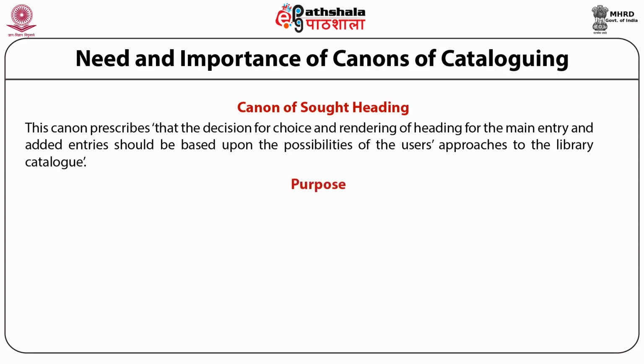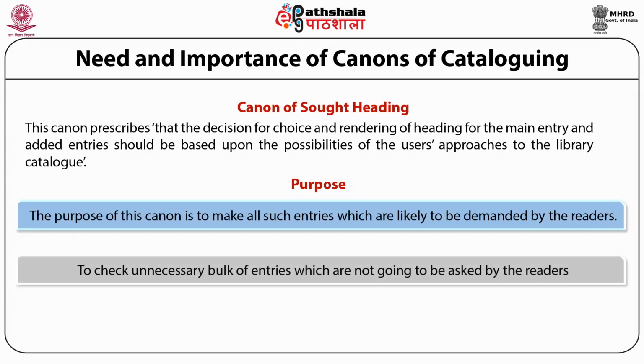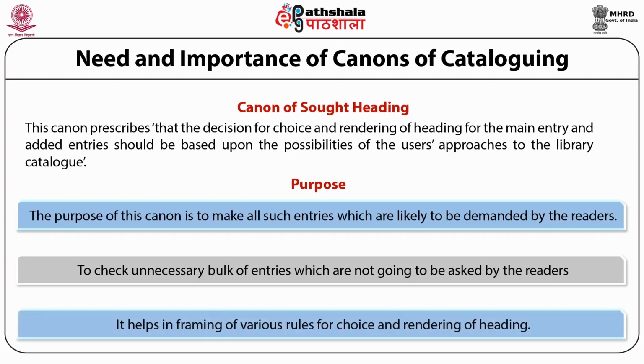Purpose of Canon of Sought Heading: the purpose of this canon is to make all such entries which are likely to be demanded by the readers, to check unnecessary bulk of entries which are not going to be asked by the readers. It helps in framing the various rules for choice and rendering of heading.